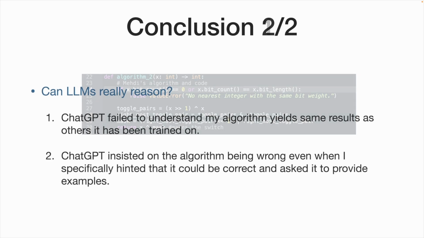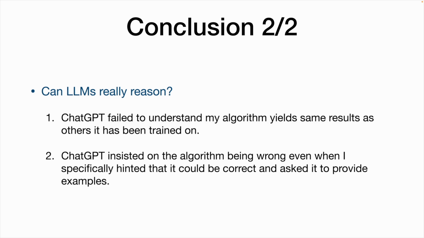And probably the most important conclusion is: can we really say that LLMs can reason? Because ChatGPT failed to understand my algorithm, failed to understand that it yields the same results as the other ones.